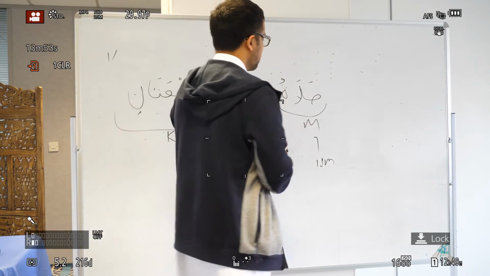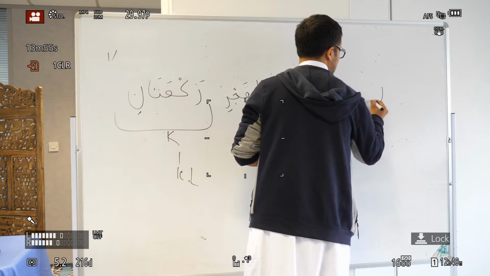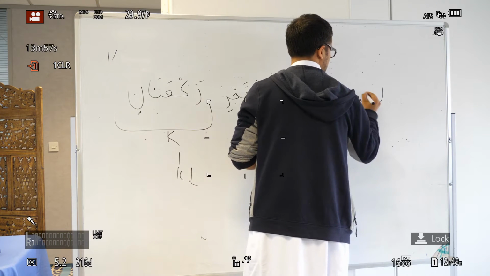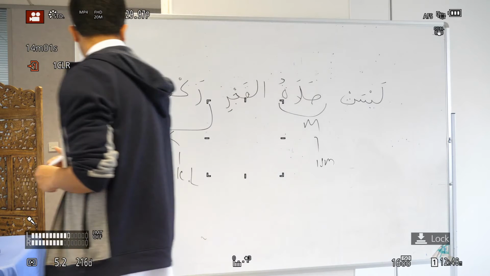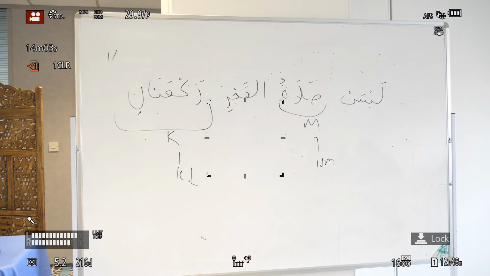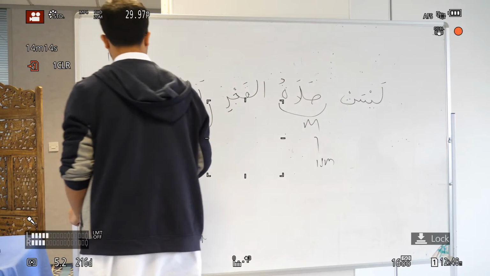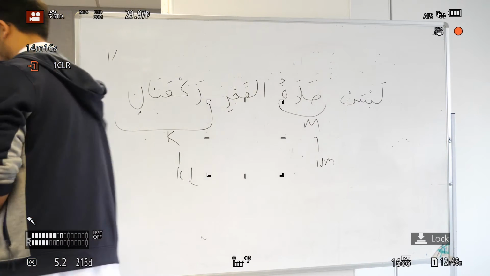Why is it laysat? Because ṣalāt is feminine. So you're going to say laysat ṣalātul-fajri. What happens to rak'atān? What are you going to add? Rak'atayn, or bi-rak'atayn. Okay?